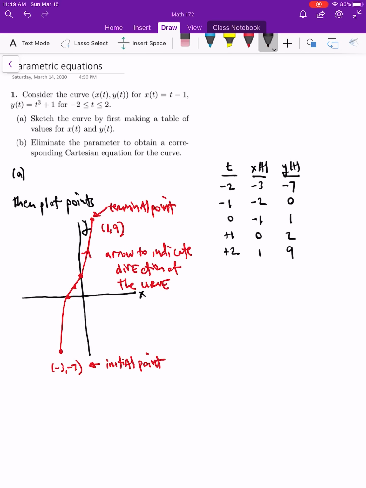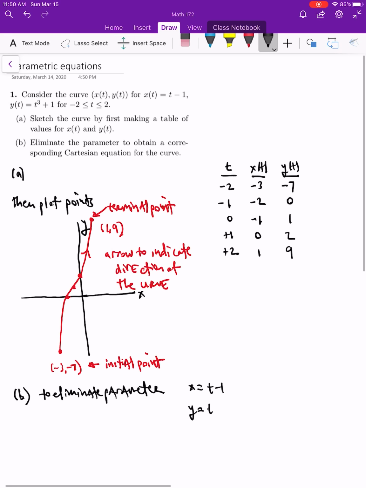For the second part, the goal is to make the connection between parametrized curves and curves as we've seen them before. So to eliminate the parameter, it's here possible to solve one of the defining equations for t.